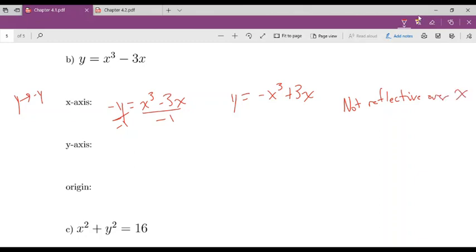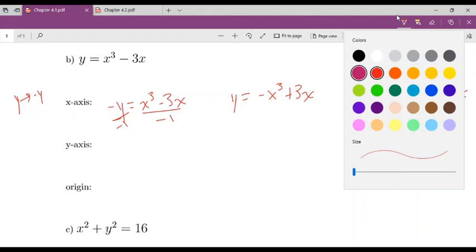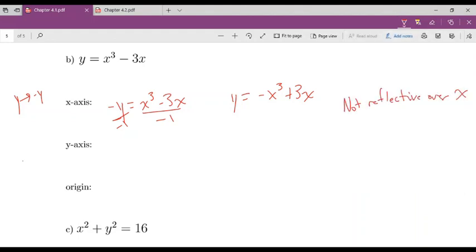Okay, so let's do it for y. Remember for y we replace x with negative x. If I do that, I get y equals negative x to the third minus 3 times negative x.